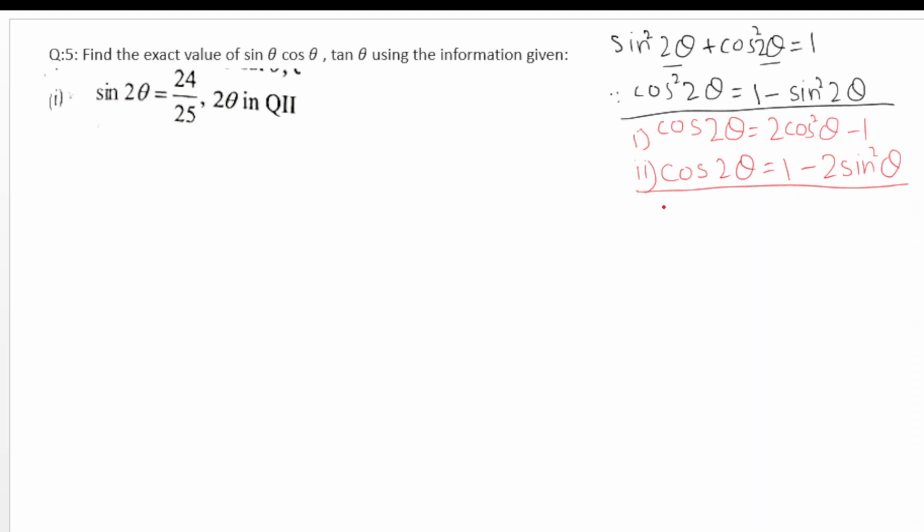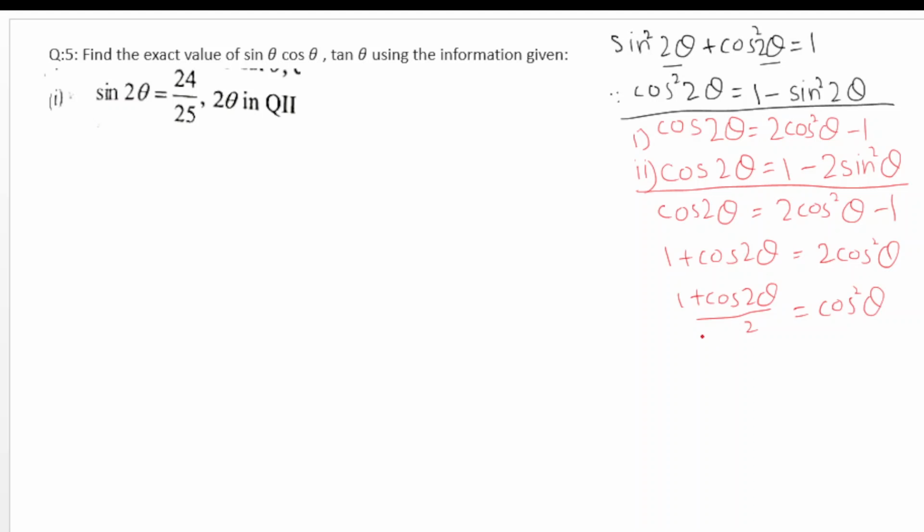The first one is cos 2 theta is equal to 2 cos square theta minus 1. Here we need to find cos square theta, so the 1 will go on the other side. That will be 1 plus cos 2 theta is equal to 2 cos square theta, and 2 is going to divide over here. So 1 plus cos 2 theta by 2 is equal to cos square theta.